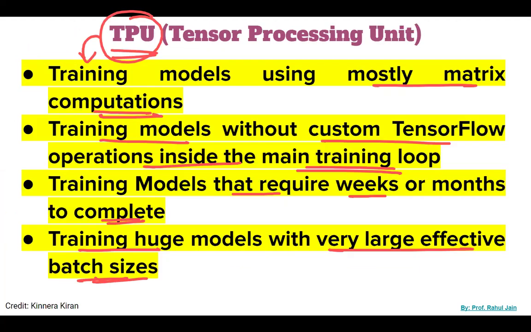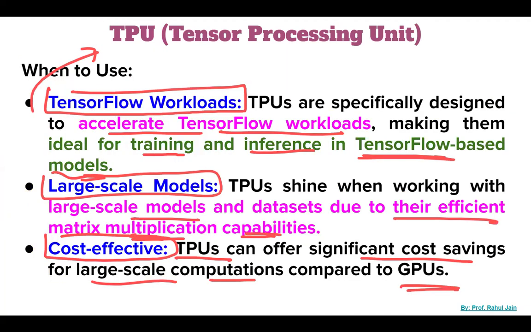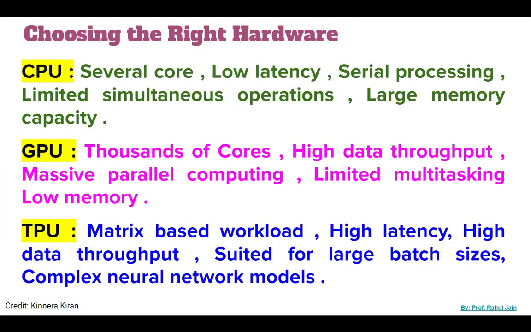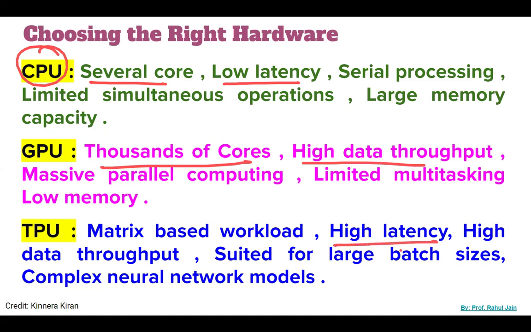And already we have discussed what model we are working on and what our specific requirement is, that is going to decide which is the suitable tool to work on. So let's just briefly summarize again. If we talk about CPU, I'm just summarizing again. It has several cores, but GPUs have thousands of cores. Low latency, it is high data throughput, high latency, here also high latency. In TPU, it is matrix based workload.